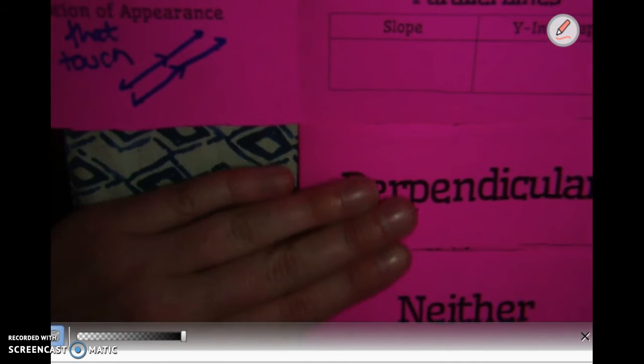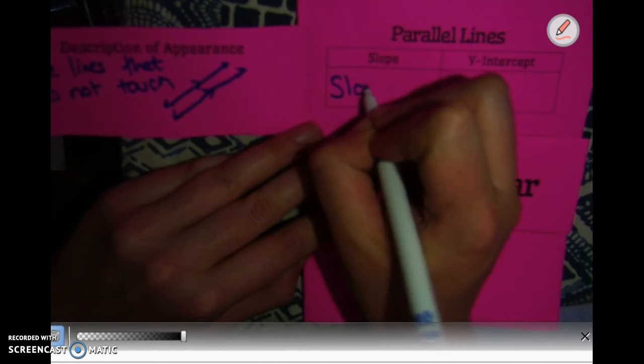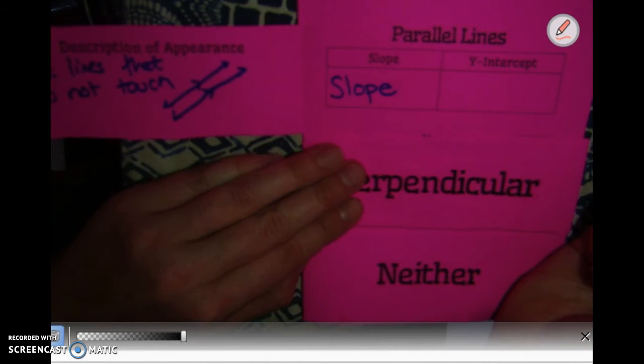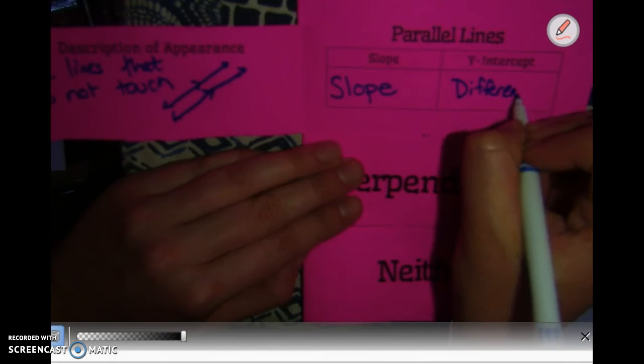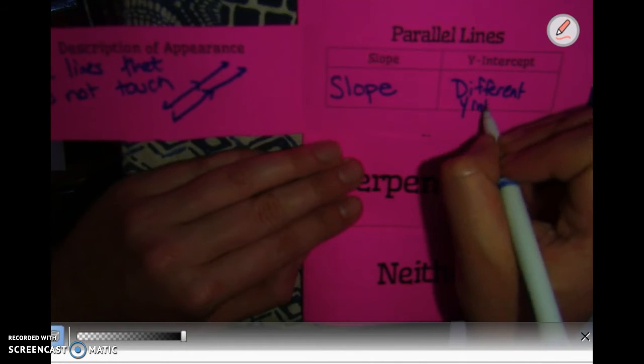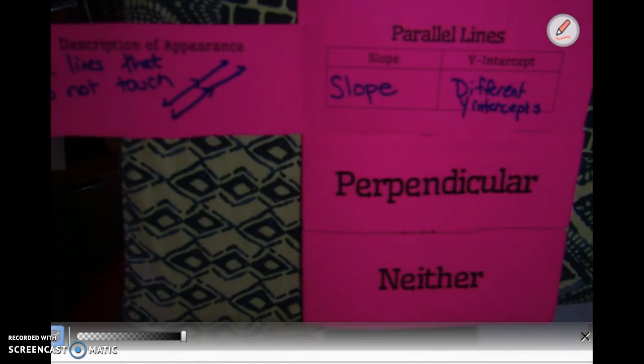Now, parallel lines will have the same slope, but they'll have different y-intercepts. Same slope, different y-intercept.